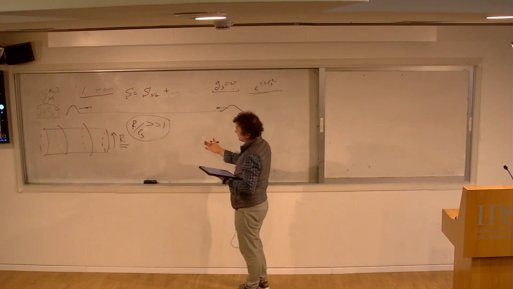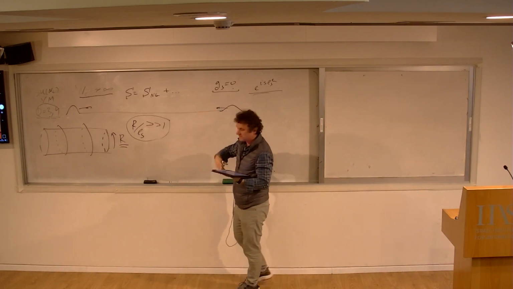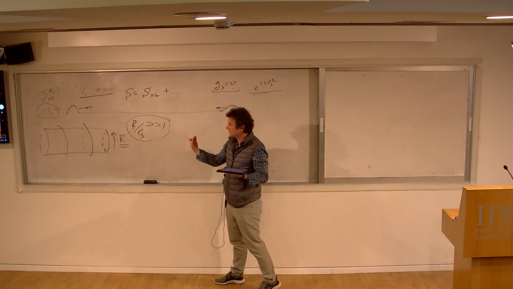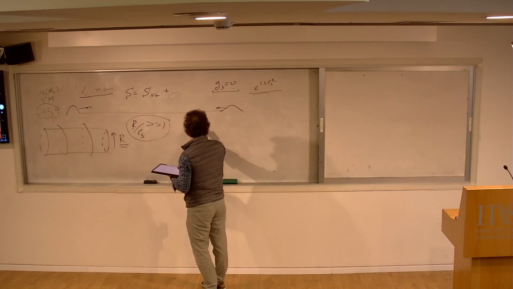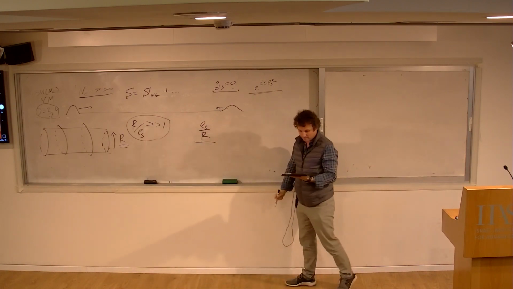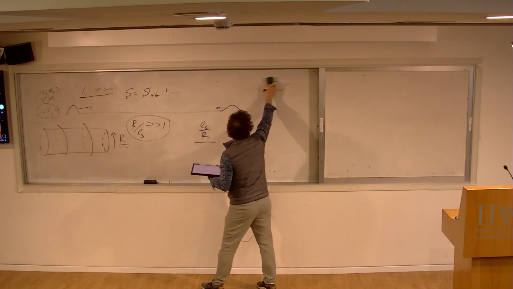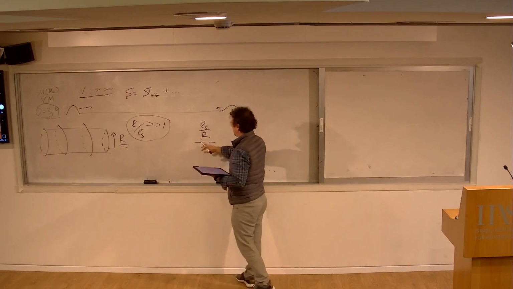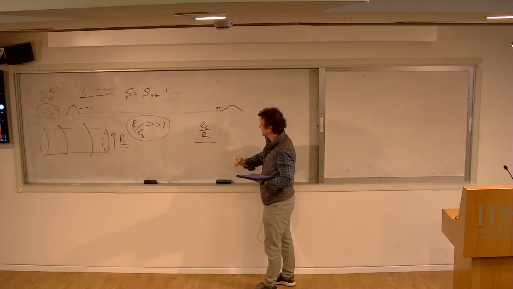The most straightforward way would be to decompose everything in KK modes, getting quantum mechanics of an infinite number of KK modes, and do a perturbative calculation in the small parameter Ls over R. From what we discussed, one knows that in this expansion there are lots of low terms.